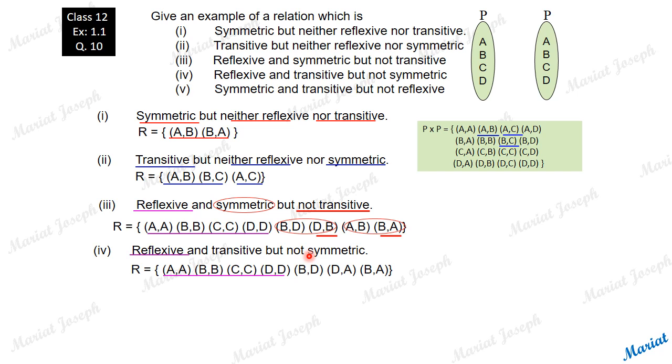Then we do not want it symmetric. Of course, it's not symmetric. Why? I've kept BD but not DB. The reverse is not kept. Only if the reverse is kept, it will go symmetric. DA is there but AD is avoided. So symmetry is violated. But of course, this example is reflexive and transitive, but at the same time, it's not symmetric.